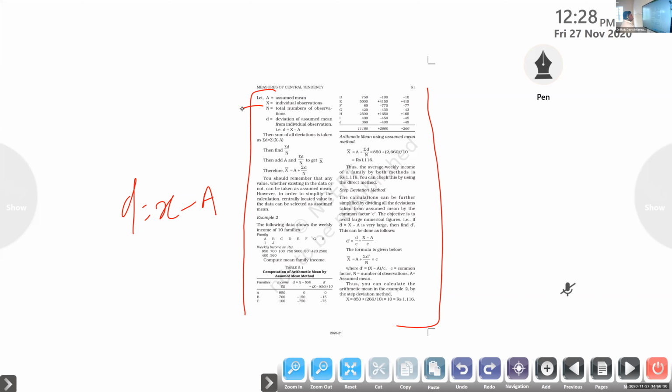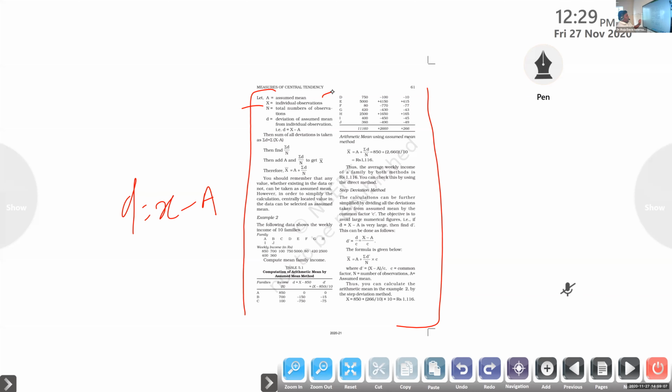Here the sum of all deviations is taken as sum of d, which is equal to sum of x minus a, the individual observations minus the assumed mean. Now we want to find sum of d divided by n.